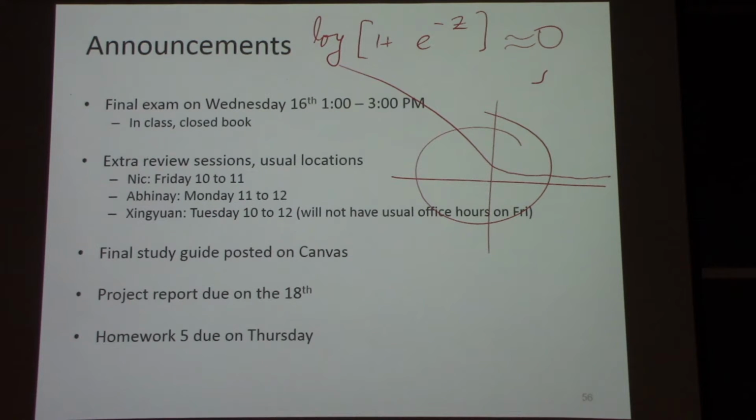After a point, it can be approximated as linear, but in some ranges, it's not. So my recommendation would be, before you start doing any approximations, see if the actual thing works. And if it does, then why bother with approximations? Other questions?